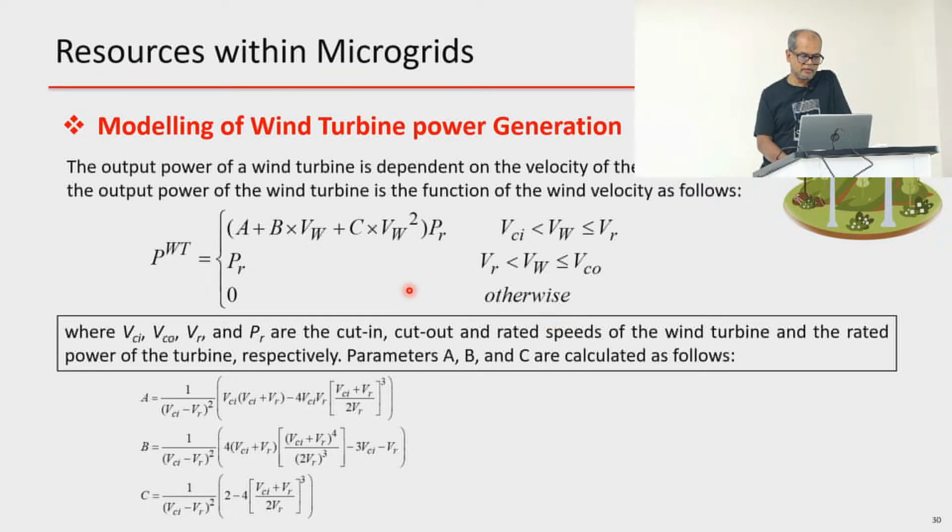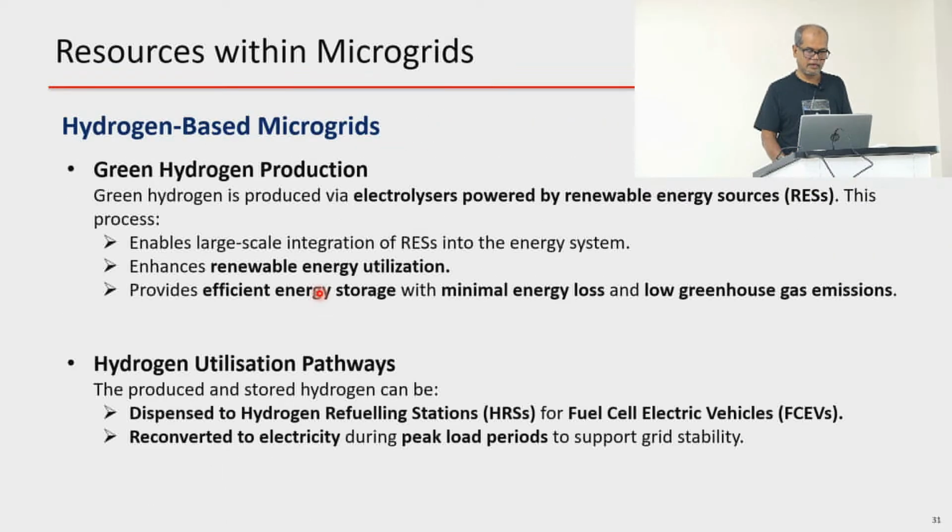At the rated speed, you're going to get rated power. After cut out it is 0, and before cut in, the relation is given by this equation. So again, I'm going to talk about details of the wind hydrogen system in the next lecture.